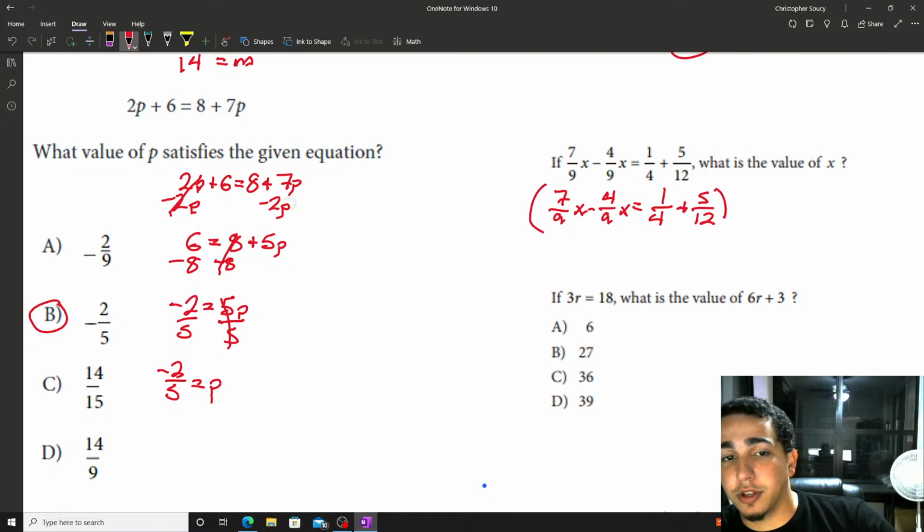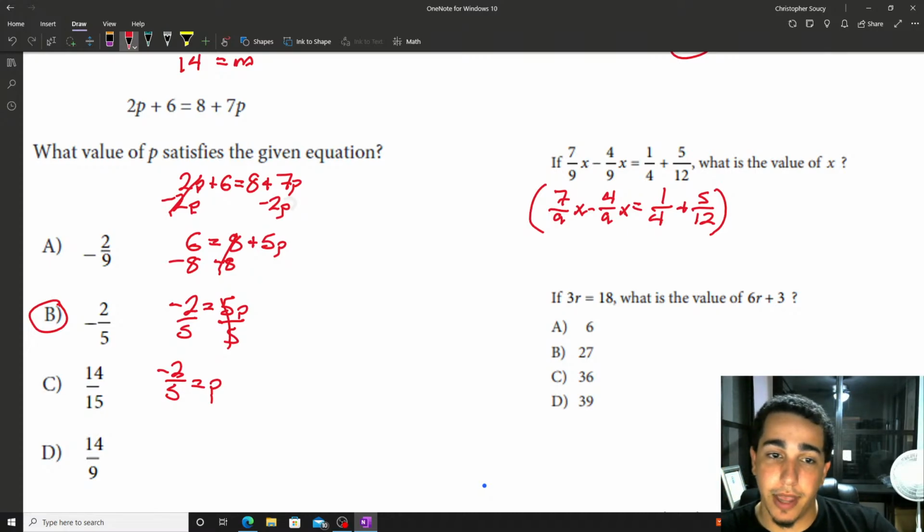So if we multiply everything by the least common denominator, we're going to get rid of all of the fractions that we have. So we need to think about what has a factor of 9, 4, and 12. The smallest number that has all of these as factors is 36.